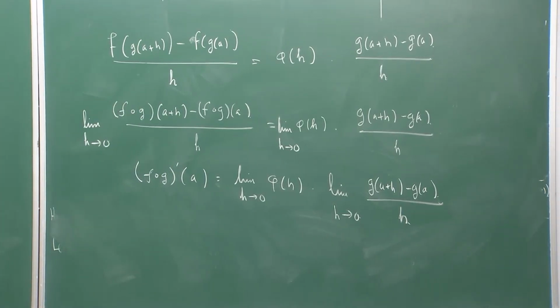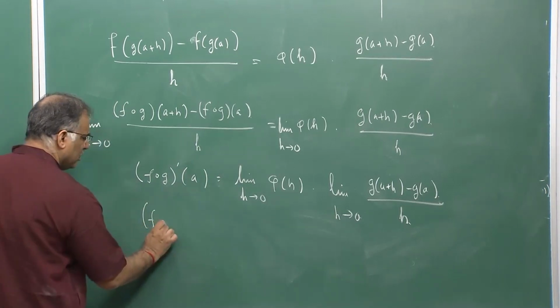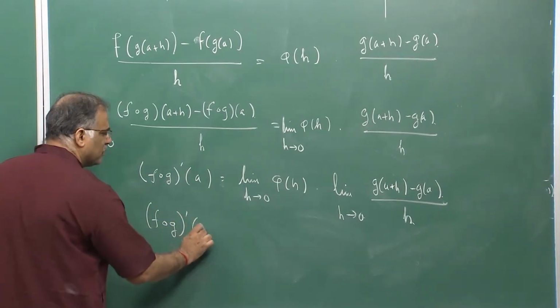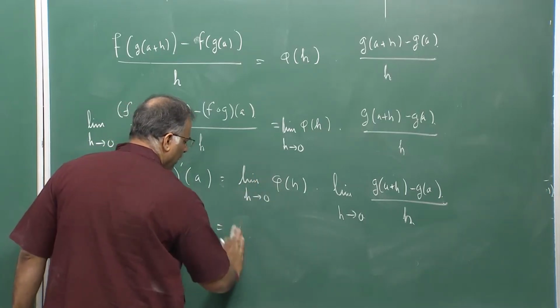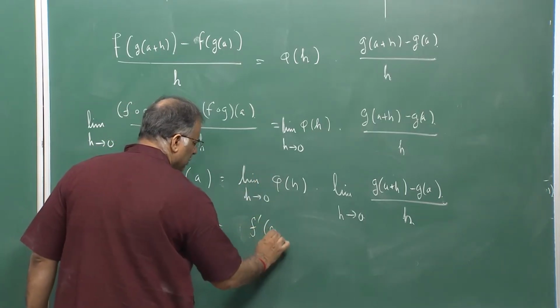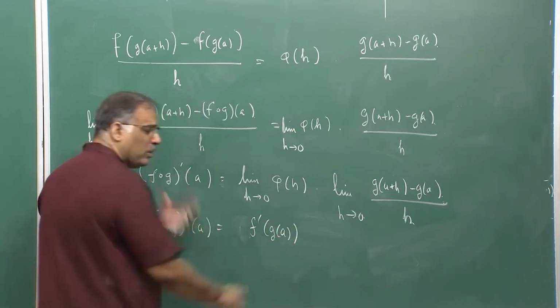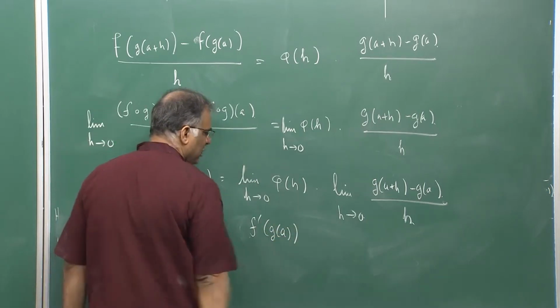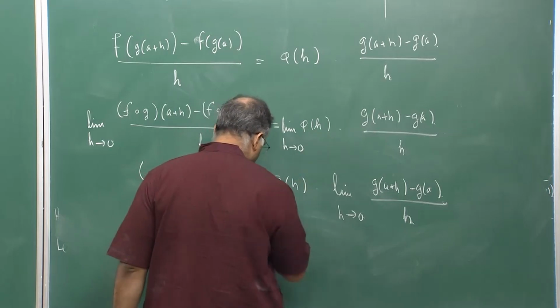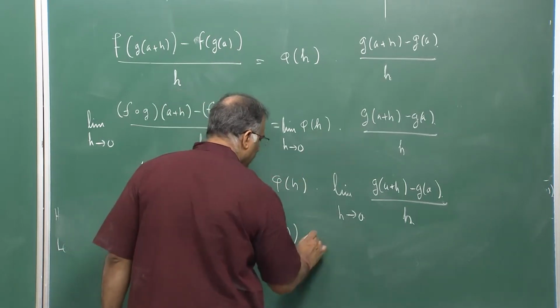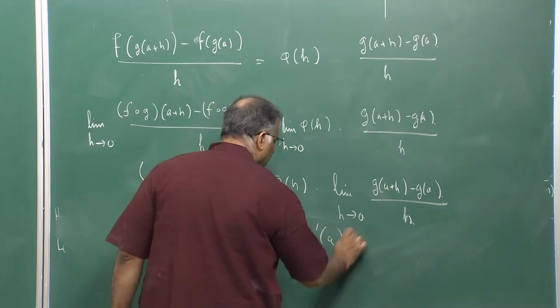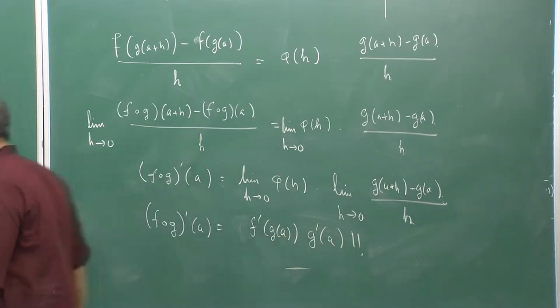You have already proved that the limit of phi(h) is f dash of g(a). And this is the beauty of mathematics: everything can be proved in a very rigorous fashion. You see the power of the epsilon-delta reasoning. And this is nothing but g dash of a, and voila, we have proved this.